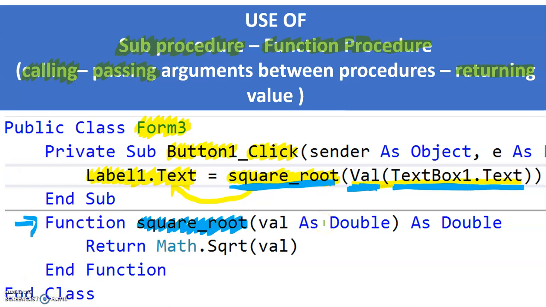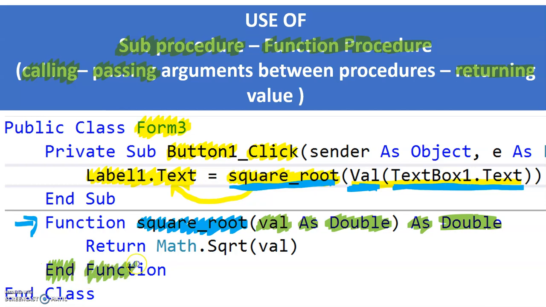It will be fetched by this variable val. It's a variable, and we have mentioned the data type as Double. Based on the data content, you can set the data type. This function is going to return a value of data type Double. This is the function definition, and do not forget to close it with End Function.